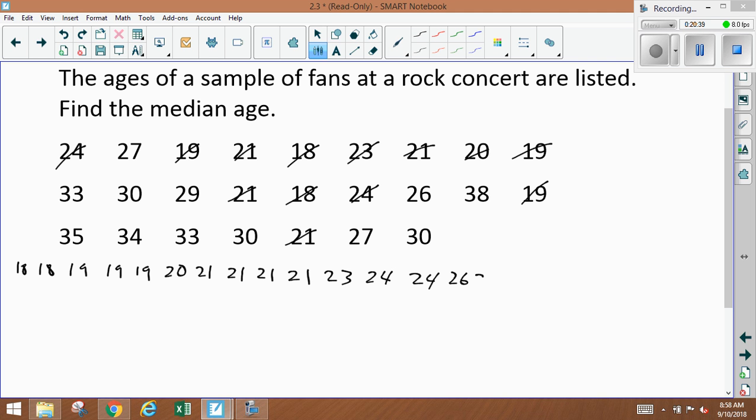There are 2 27s. Then 29. There are 3 of the next one. 2 33s. A 34, 35, and 38.